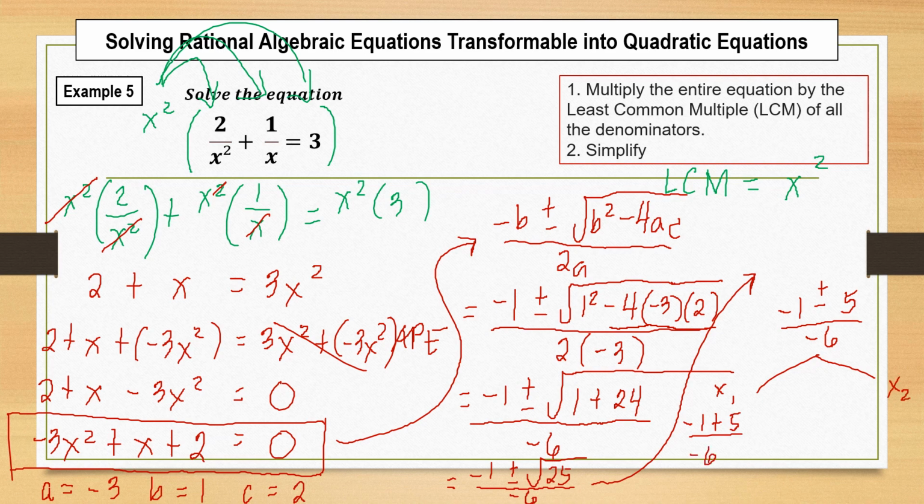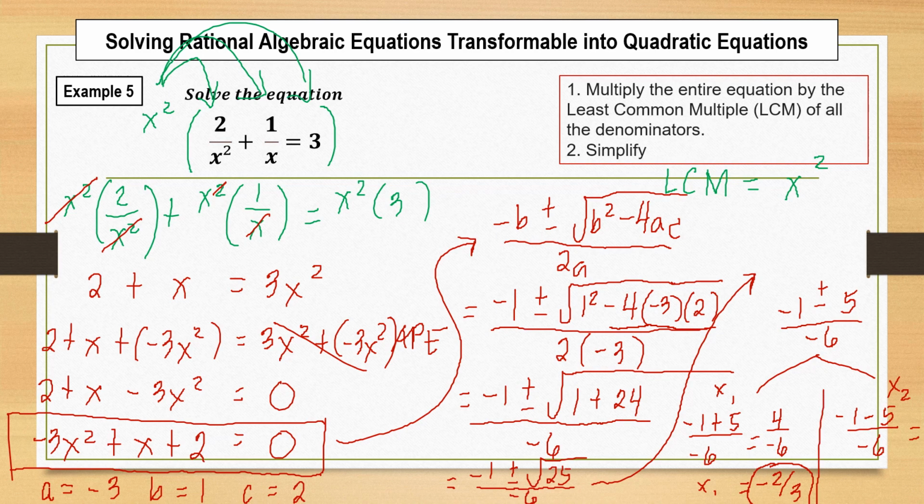For our x sub 2, we have negative 1 minus 5 all over negative 6. X sub 1, we have negative 1 plus 5 is 4 over negative 6. We can still simplify it in its lowest form, and that is negative 2/3.